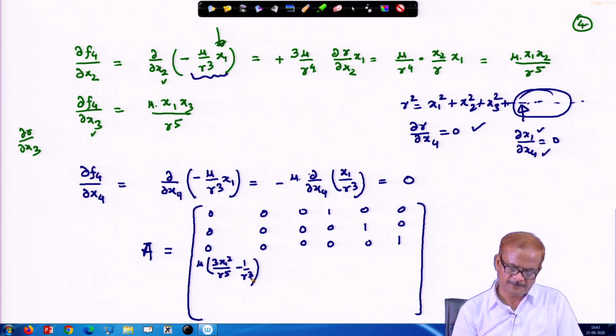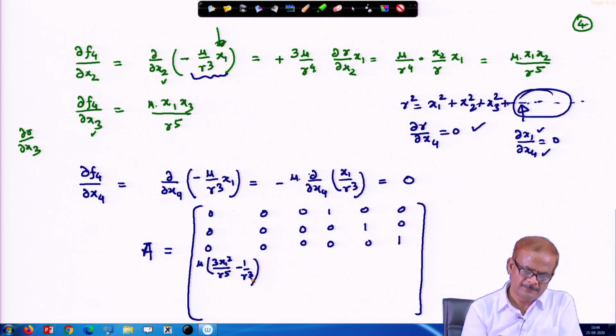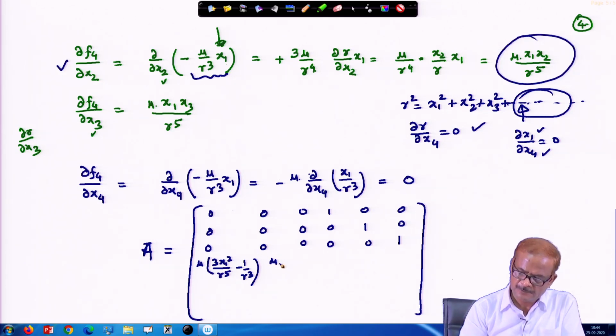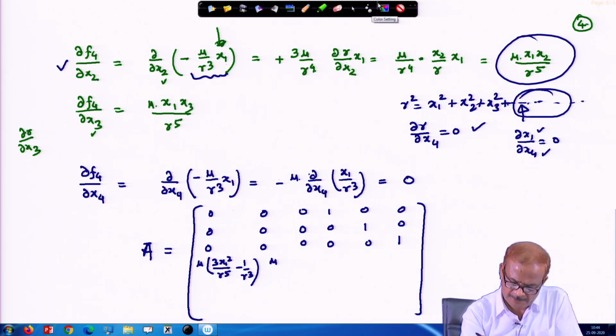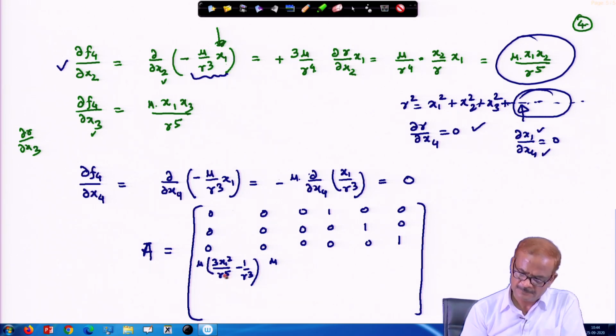This is the first element. The second element ∂f4/∂x2 is mu times, we won't be able to adjust here, let me try. So, we will go on the next page.